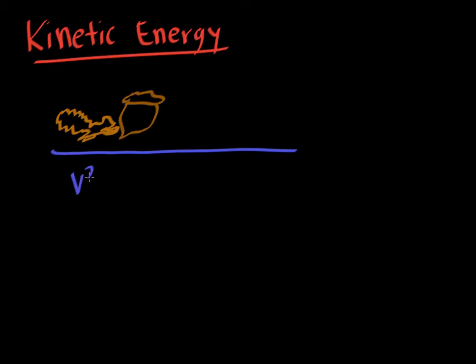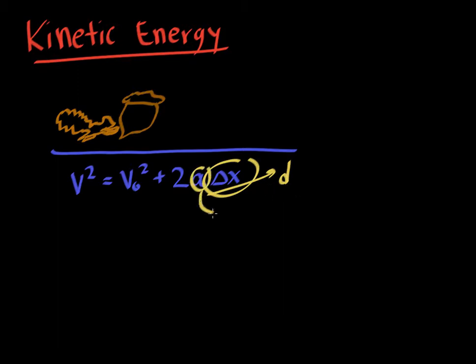So as you already know, v squared, final velocity squared, equals initial velocity squared plus 2 times acceleration times the change in x, which is equal to the displacement. And for our purposes, we can do several things. First, we can change delta x into d, because this is the distance that it moves.